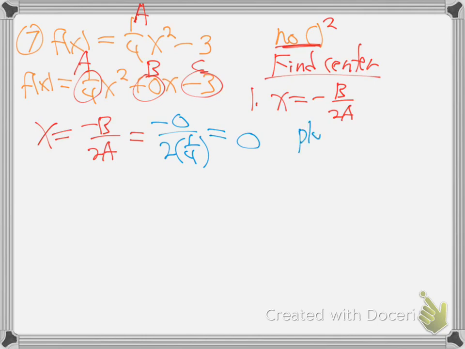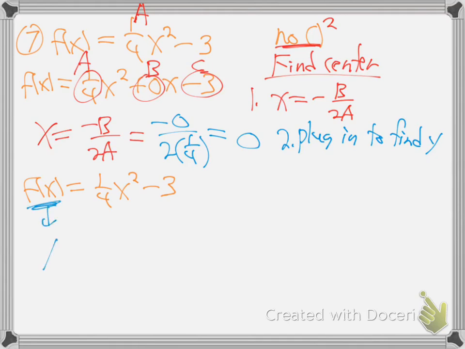And then step 2, plug in to find y. What do I mean plug in? Back to the original equation: f of x is 1/4 x squared minus 3. F of x is always y.